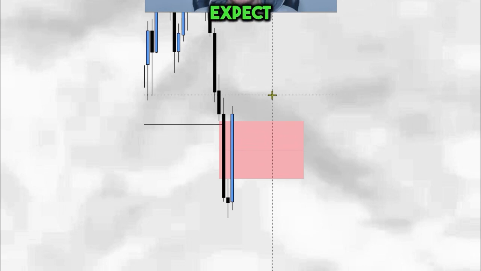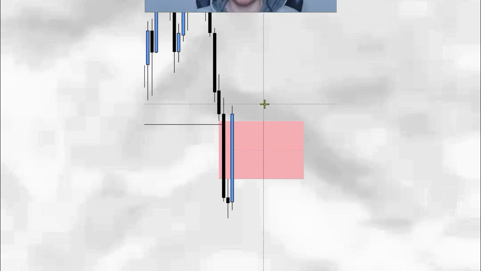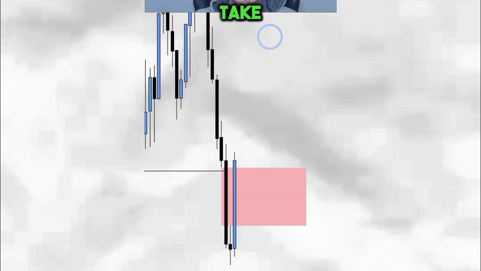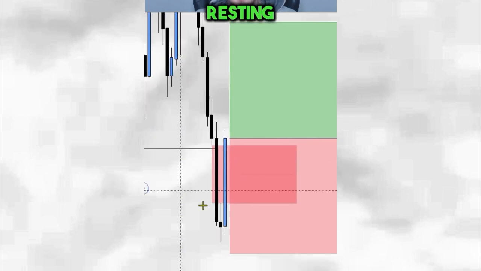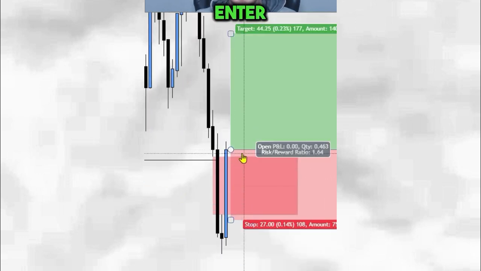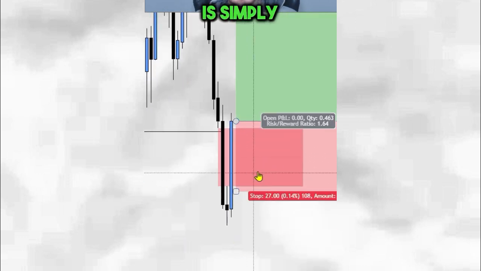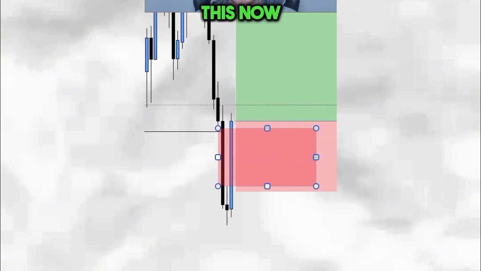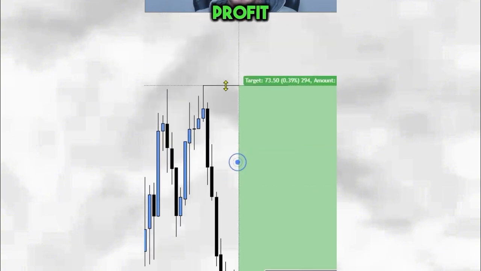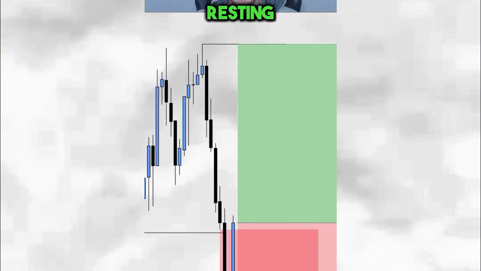So I can expect price action to come up and fill an unmitigated bearish fair value gap, or at least take some sort of buy side liquidity resting in the market. So I will enter on the candle close. My stop loss is simply a candle close back below this now inversion fair value gap, and my take profit is buy side liquidity resting in the market.